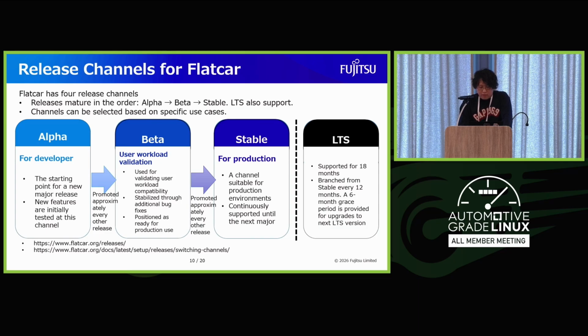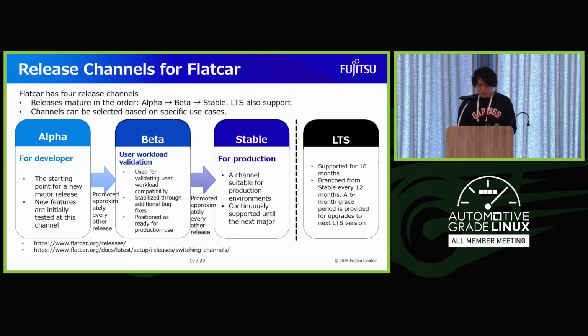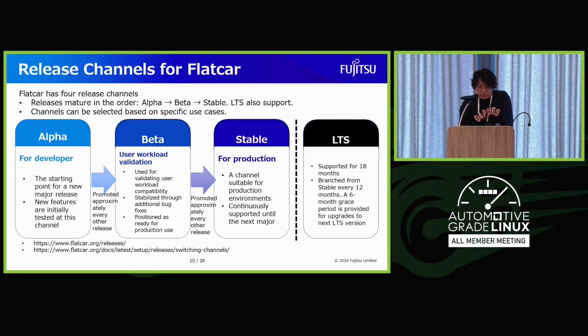In addition to these channels, Flatcar also provides LTS. LTS is supported for 18 months. It is branched from the stable channel every 12 months, and there is a 6 months grace period for upgrading to the next LTS version.